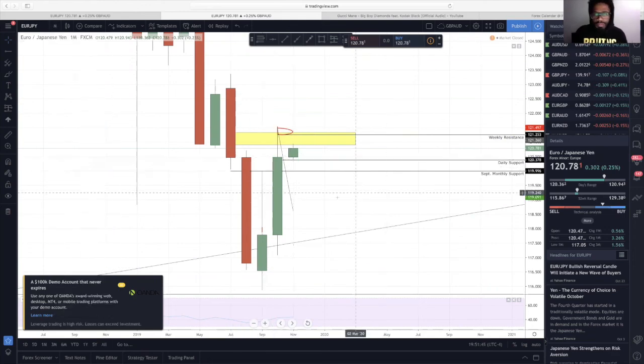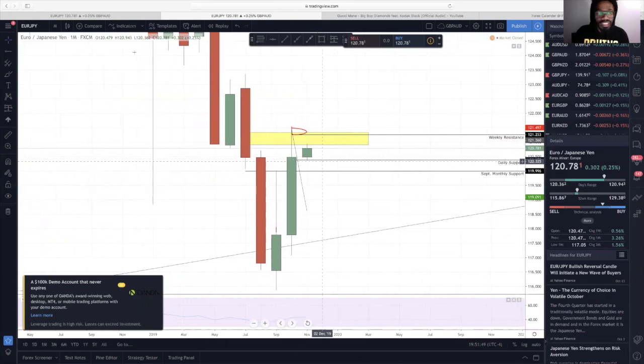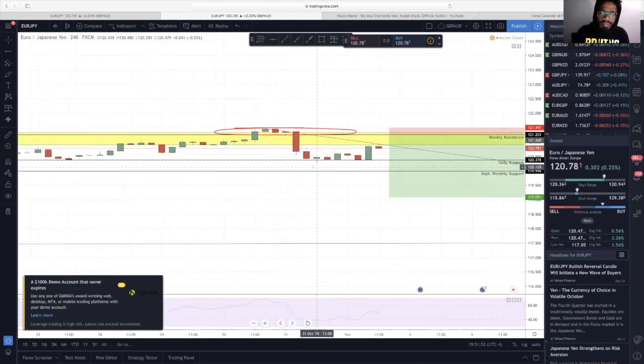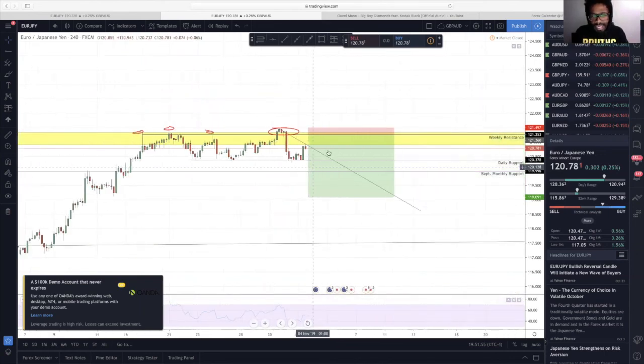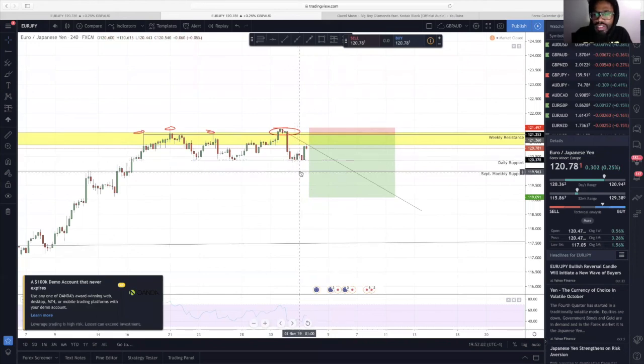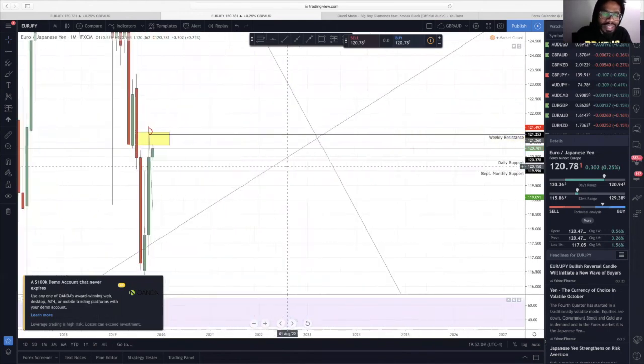So pretty much if price does fall down, we have to be cautious of this daily support level. I'll show you on a 4-hour time frame. If price does happen to fall down, we need to be cautious of our daily support level and make sure that we have a break and close above that. And then we also need to be wary of our September monthly support level, because it's shown on the monthly time frame.